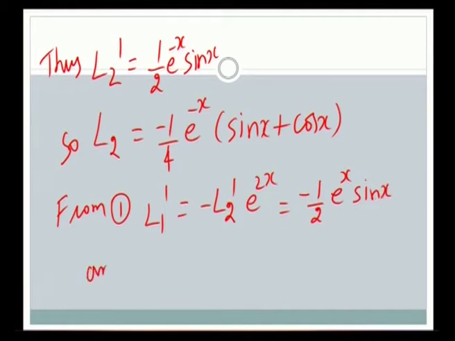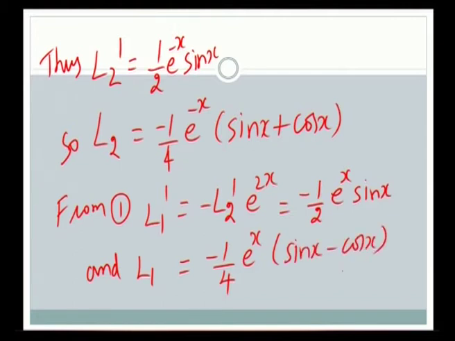Integrating this, we get L1 is equal to minus 1 by 4 e power x (sin x minus cos x). This is the value of L1.